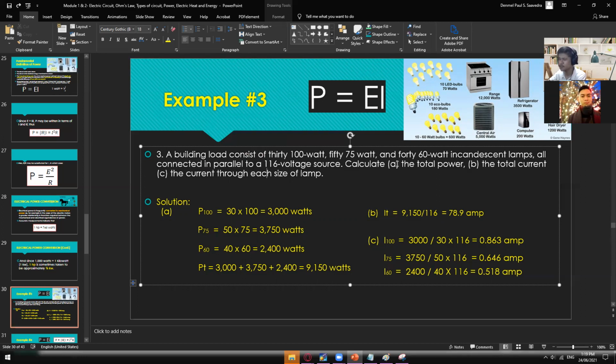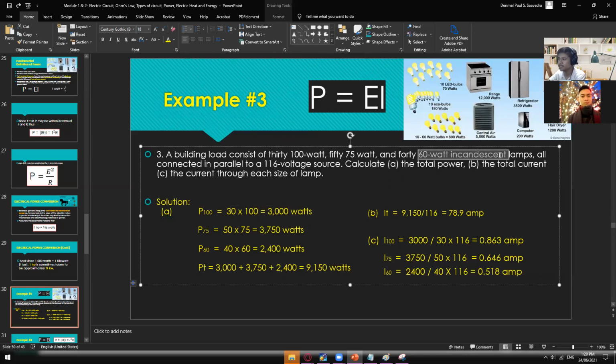To get the total power, we should get the total power accumulated by the thirty 100 watt bulbs. That's super easy. Just multiply 100 watts by 30 and you will get 3,000 watts. For the 75 watts, there are 50 individual lamps, so 50 times 75 gives you 3,750.